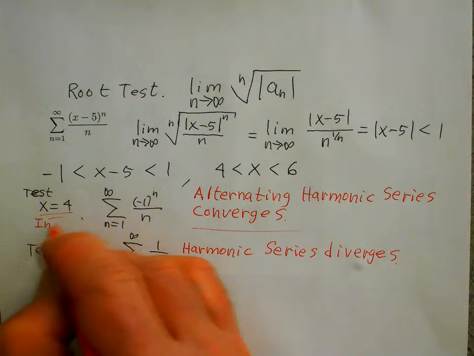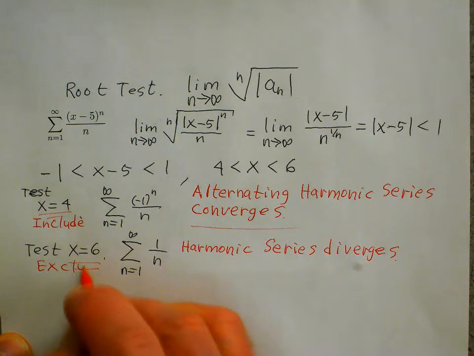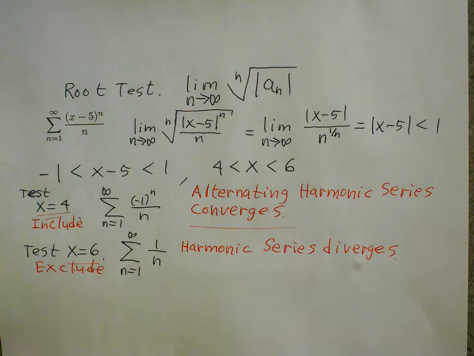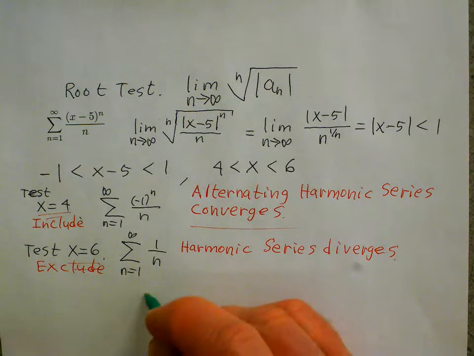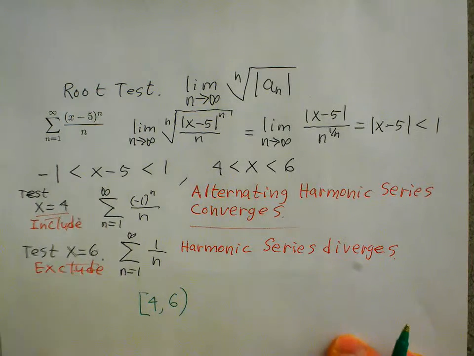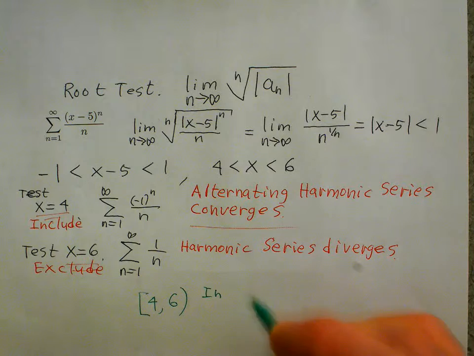So include 4 and exclude 6. So our interval of convergence is bracket 4 comma 6 parenthesis.